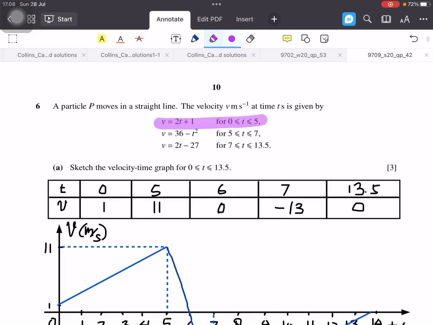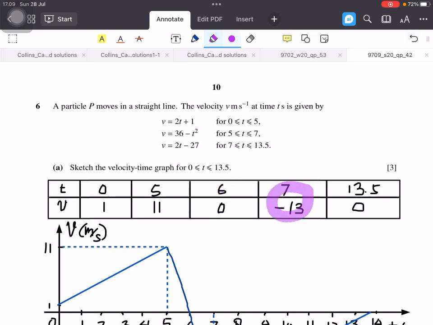So from 0 to 5 seconds, the graph is a straight line, so I just need to find the value of V when t equals 0 and also the value of V when t equals 5. But for the second part of the motion, the graph is not a straight line, so here I also find the value of V when t equals 6 seconds, which is 0 meter per second.